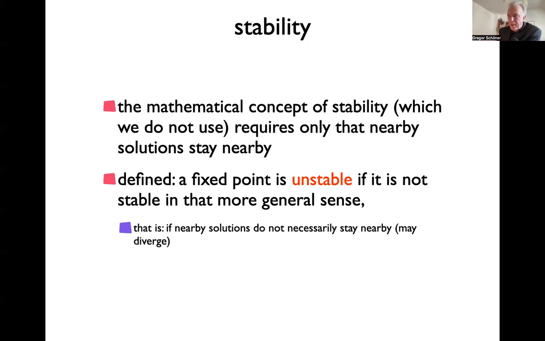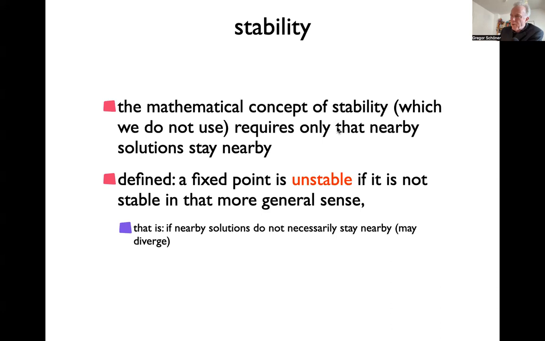So it's a little more complex to explain what it means to stay nearby. We never really use that, except in this case of the billiard table, right? You can see the ball on the billiard table is not asymptotically stable, because if you shift it a little bit, it will not return to where it was before. It will just stay in the new solution. So it's stable in this more general sense. It will stay nearby, but it doesn't actually converge. And so we would say it's not an attractor, but it still has the stability property.